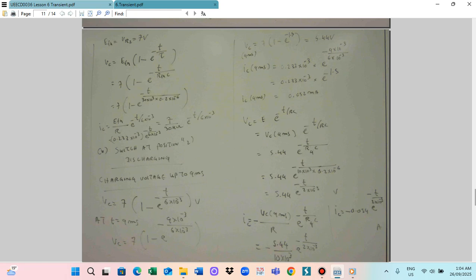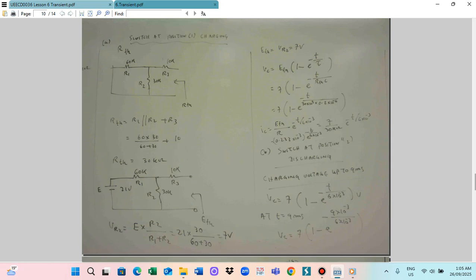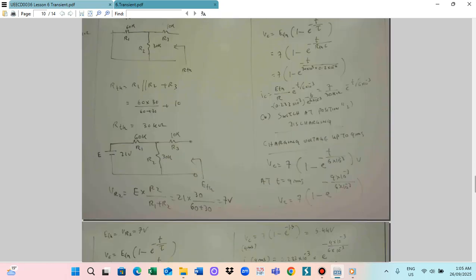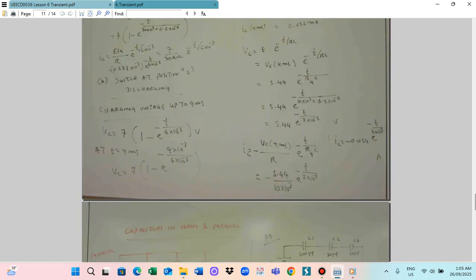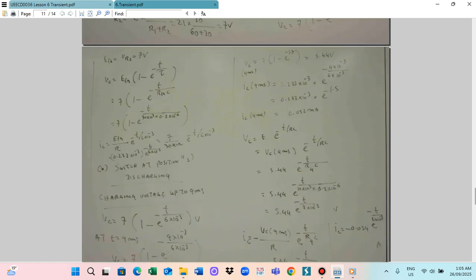This resistance and the capacitor C are connected in series, so in place of the resistor R, you need to substitute RTH, the Thevenin equivalent resistance. This is the only difference between this problem and the previous problem.